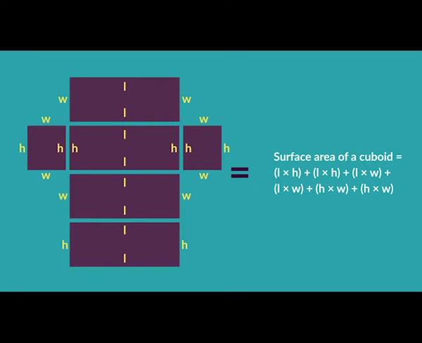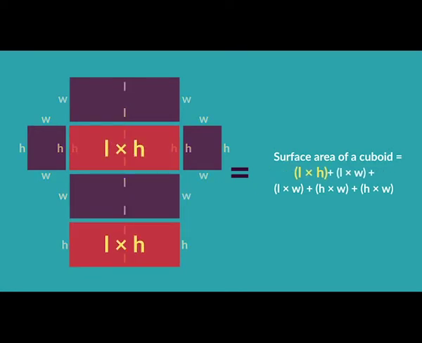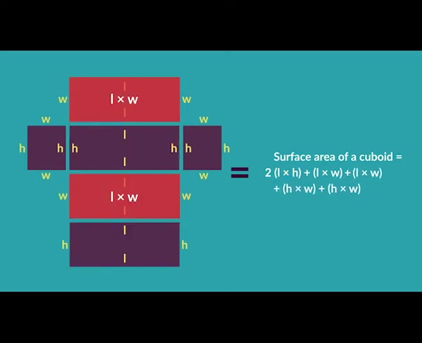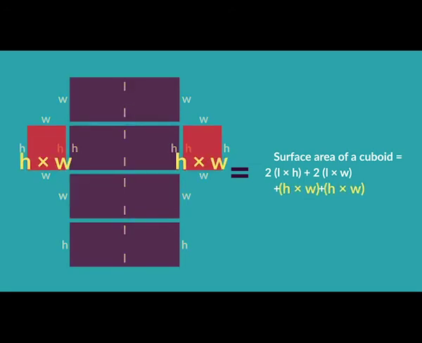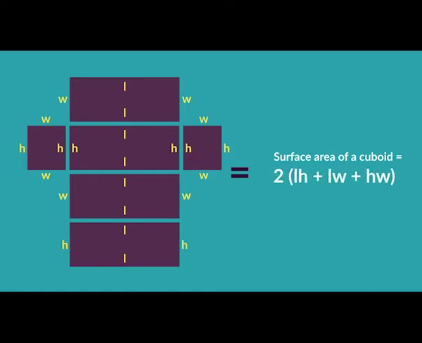Essentially, it says we have 2 rectangles with an area of length times height, 2 rectangles with an area of length times width, and 2 rectangles with an area of height times width. We can simplify this further by taking out the common factor 2, after which we're left with the surface area of any cuboid is equal to 2 times (LH plus LW plus HW).